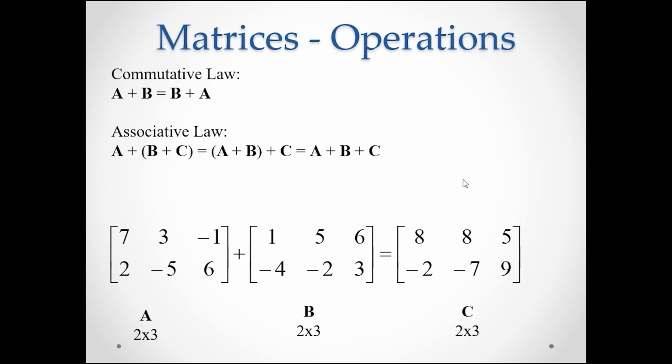Order means the row and column dimensions have to be the same. Now, there are certain laws associated with the operations.